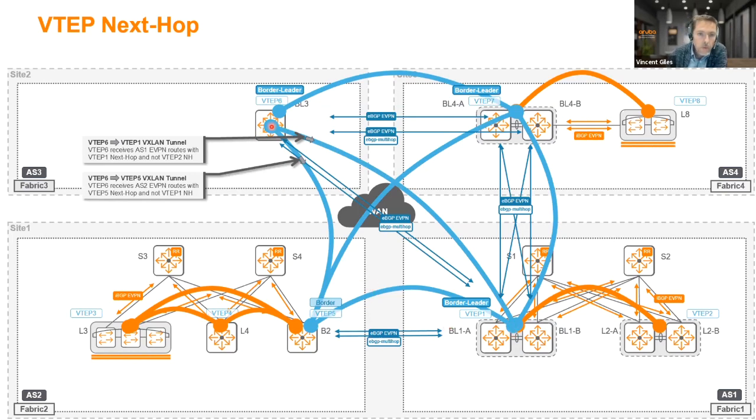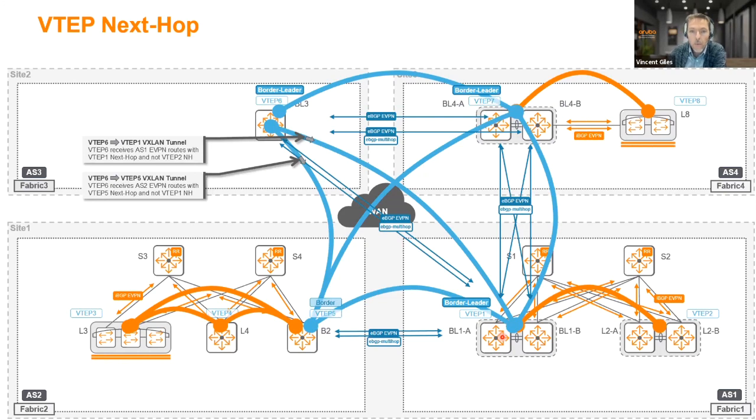Similarly, VTEP 6 sending traffic to VTEP 5 should have all the routes from Fabric 2 learned with VTEP 5 as a next hop and not VTEP 1. Remember, the eBGP multi-hop session that we have here is between VTEP 6 and VTEP 1.